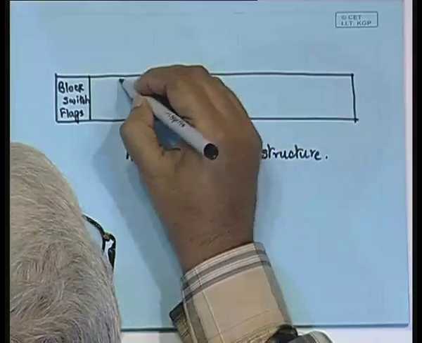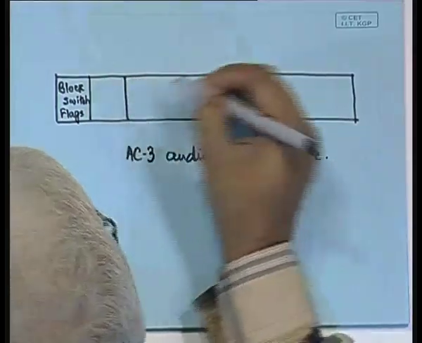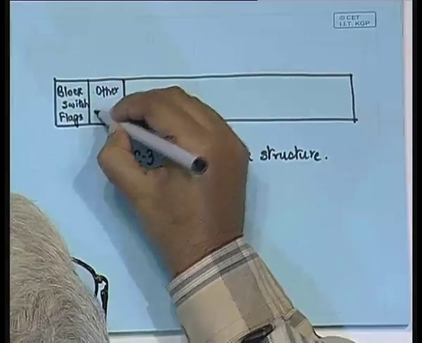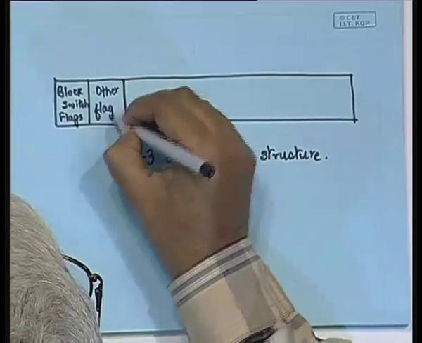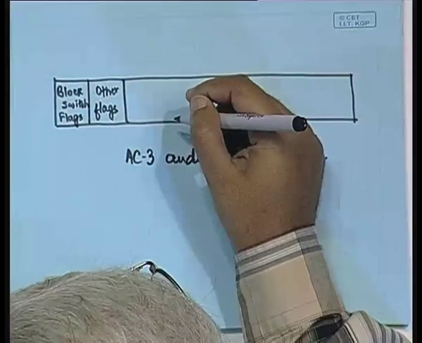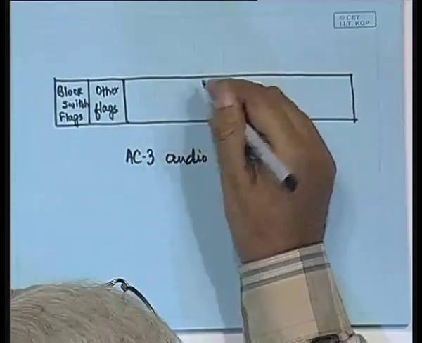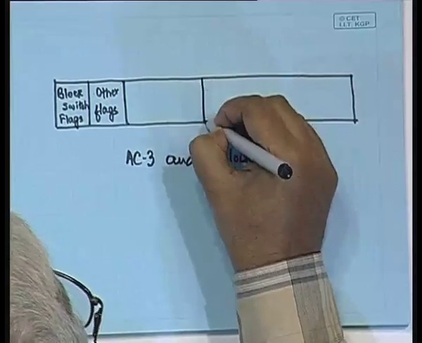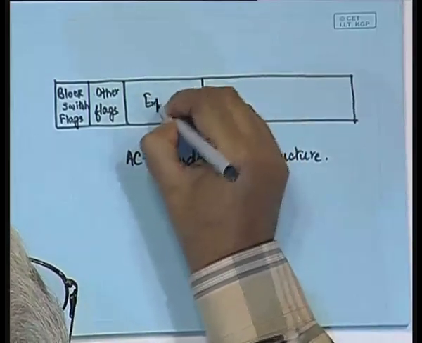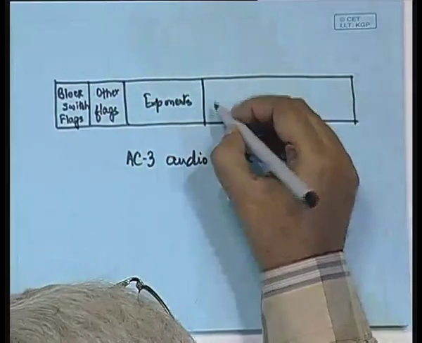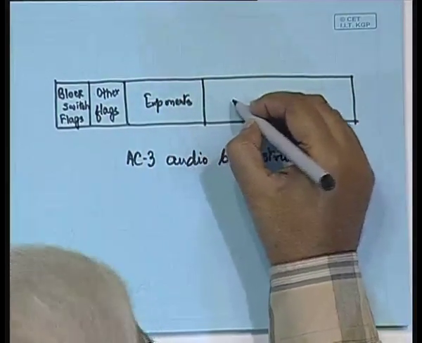By the block switching flags, we will be having a few other flags. I am not going into the details of the other flags, and then what we will be having is the exponent part and the mantissa part. So, there will be the exponents, and followed by the exponents we will be having the mantissa.